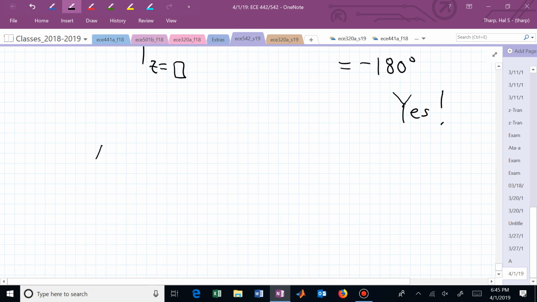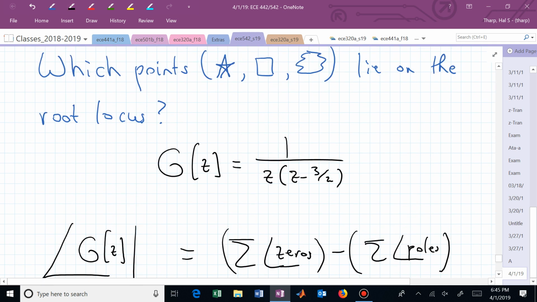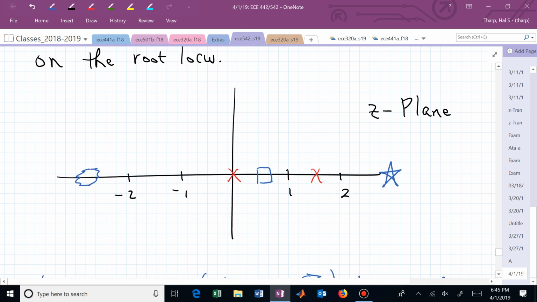What about if we looked at g of z, we'll do this fast, at the cloud? Oh no. What happens? I stand at 3/2 and I need to look at the cloud. 180. I'm standing at the origin and I need to look at the cloud. 180.